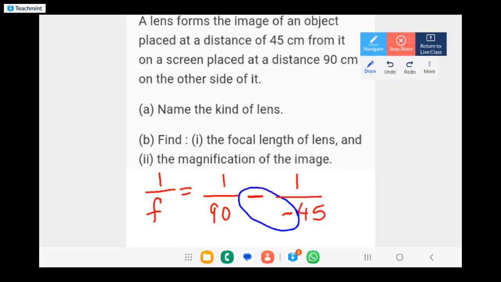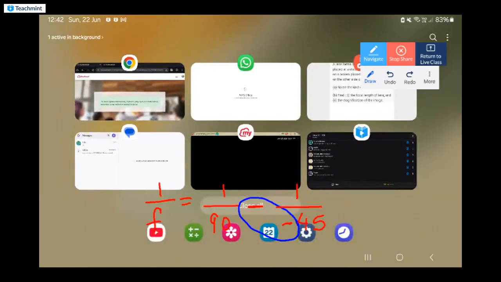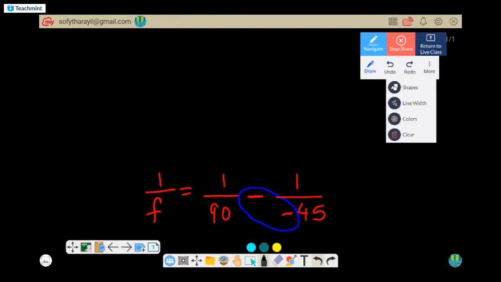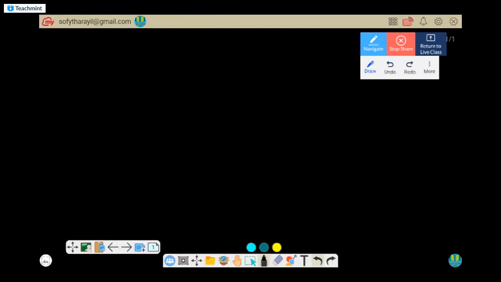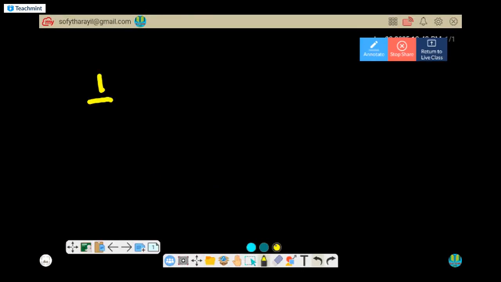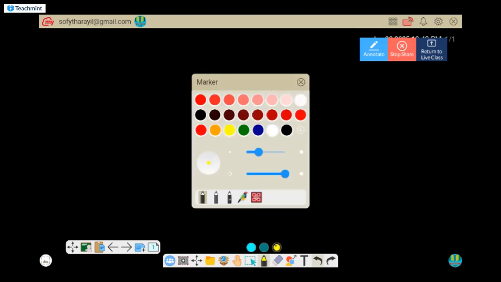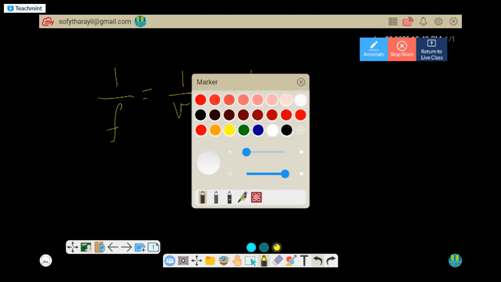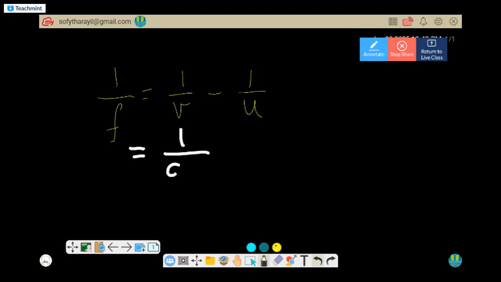I'll just come to the screen. Okay, work there. So 1 by f is 1 by v minus 1 by u. So it's 1 by 90 minus 1 upon minus 45.